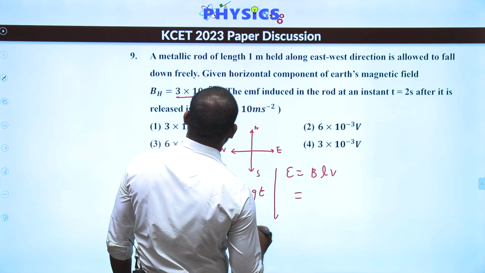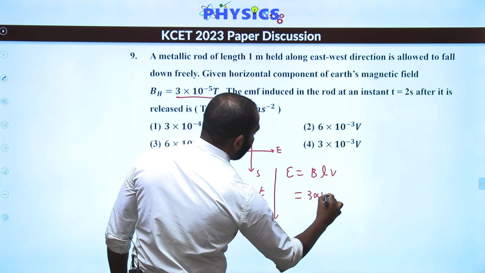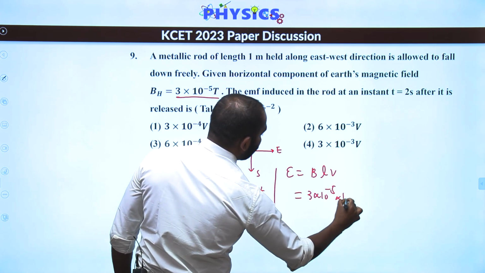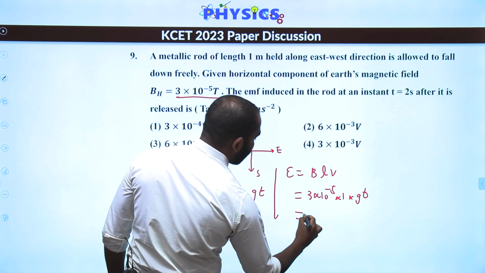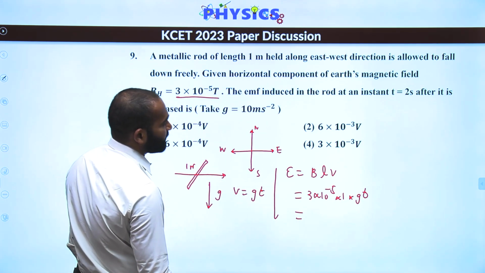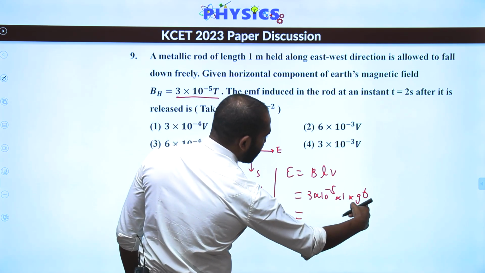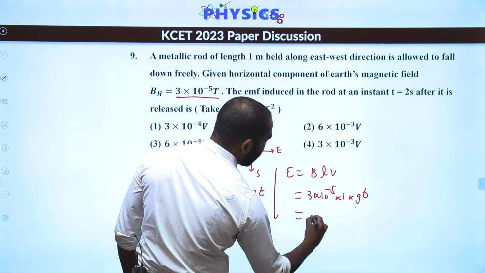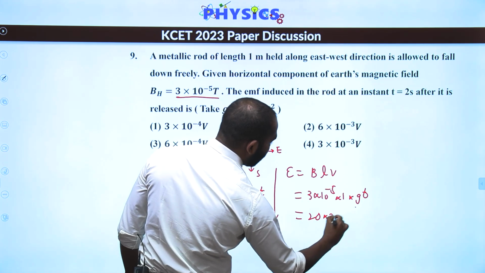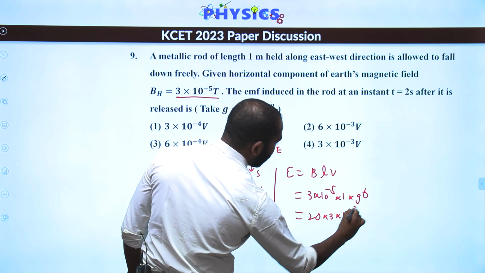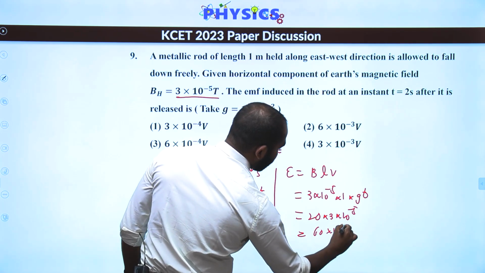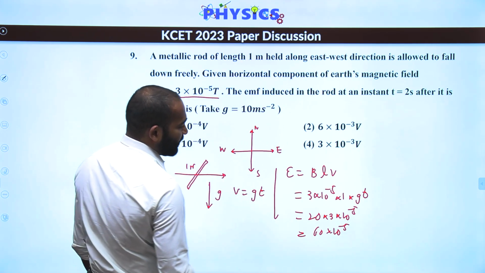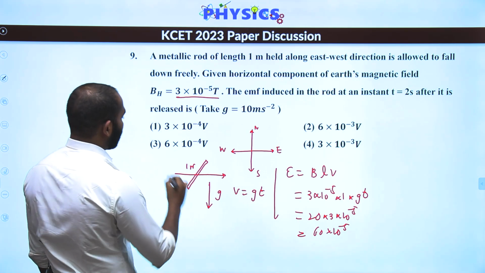So B is 3 into 10 to the power of minus 5, length is 1, and the velocity at any instant of time is g into t. But he is asking at 2 seconds, so substitute 2 there. g is 10 into 2, which is 20. So 20 into 3 into 10 to the power of minus 5, which is 60 into 10 to the power of minus 5, so that will be 6 into 10 to the power of minus 4. So it should be option 3.